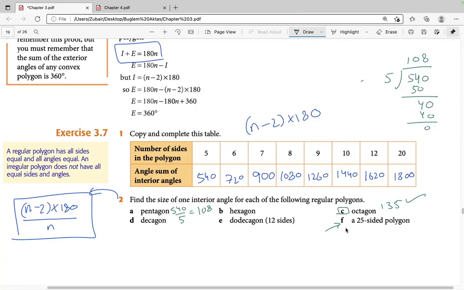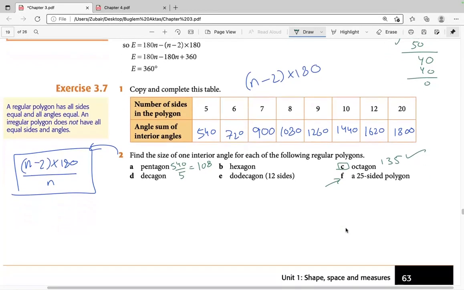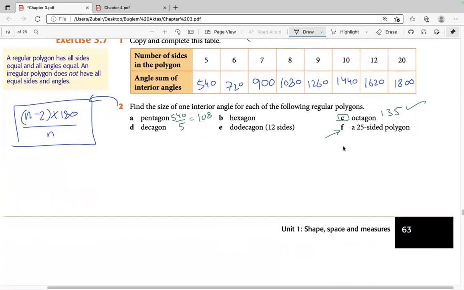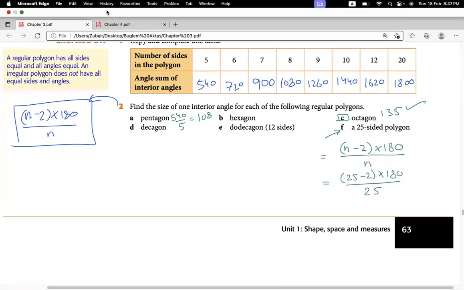You're getting the answer in decimals. Yeah, 165.3.